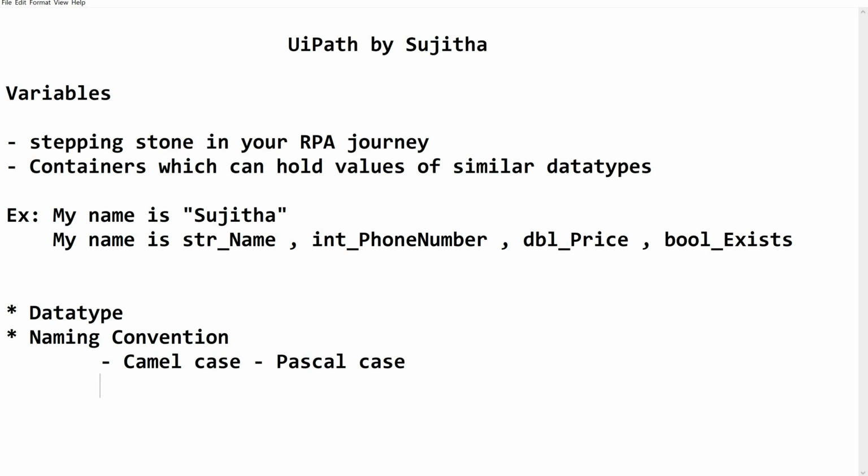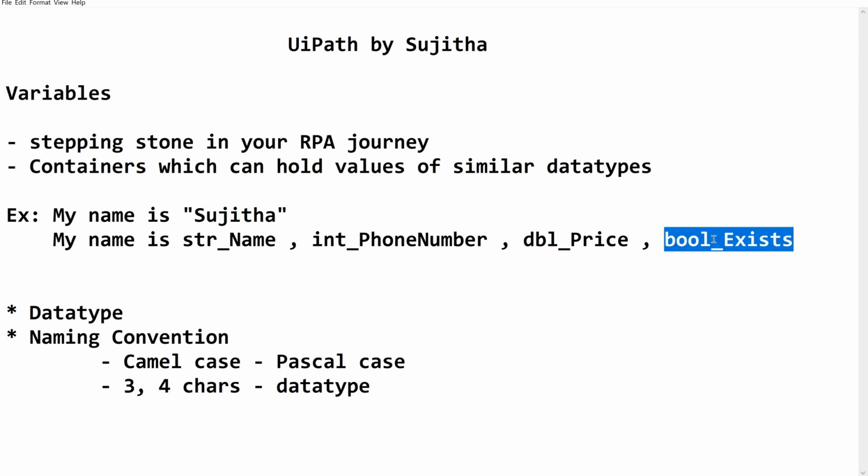And then the first 3 or 4 characters represent the data type it contains. So this way the naming convention should be, in order to improve the readability of the project.